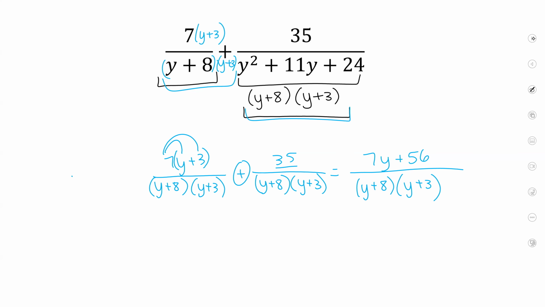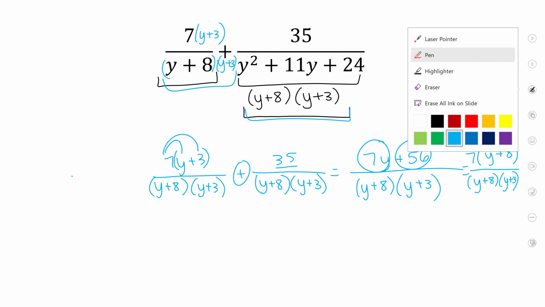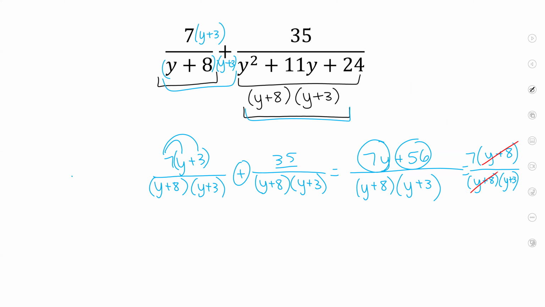So I can pull out a 7, right? 7 times y is 7y. 7 times 8 is 56. So I factored the numerator. Your denominator is this. And look, something cancels out. Those cancel. I'm left with 7 over y plus 3. That's your answer.